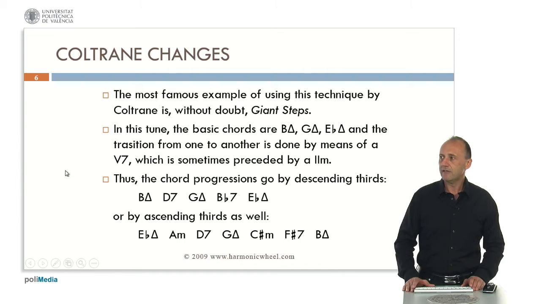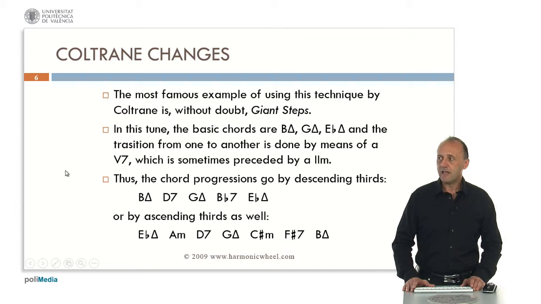In this tune, the basic chords are B major, G major, and E flat major, which are 2 whole steps apart. The transition from one to another is done by means of a dominant 7th chord, which sometimes is preceded by a 2nd degree minor.